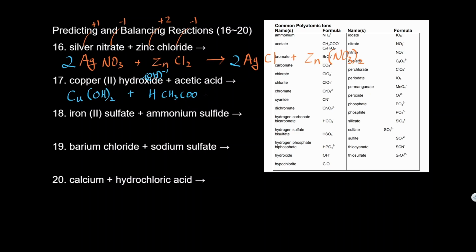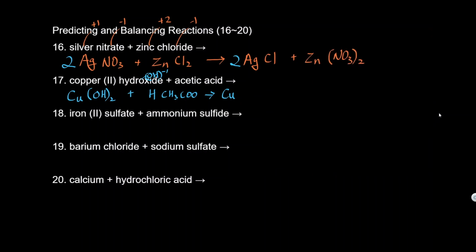That's acetic acid. Now that cation, that H will be protonated and bind with OH to become water. Okay, and then that leaves us with copper binding with acetate right there. So I'll put Cu and then acetate. So it's CH3COO, but that's got -1 charge.